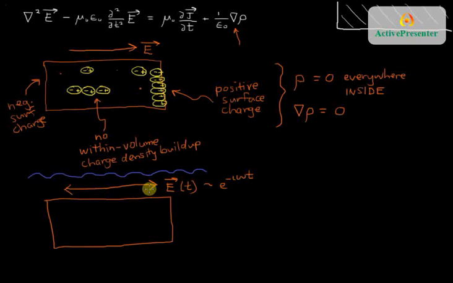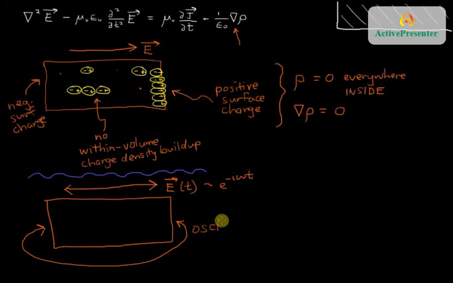So it's going back and forth in time. So what's that going to do? Well, if the electric field is pointing to the right, I have positive surface charge on the right. Then a little later, the electric field is pointing to the left, and I should have positive surface charge on the left. So what we've got is an oscillation of positive charge from this side to this side.